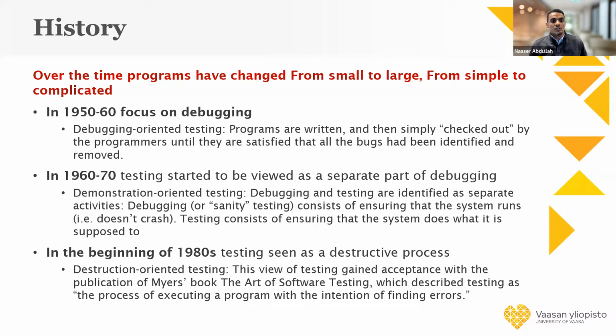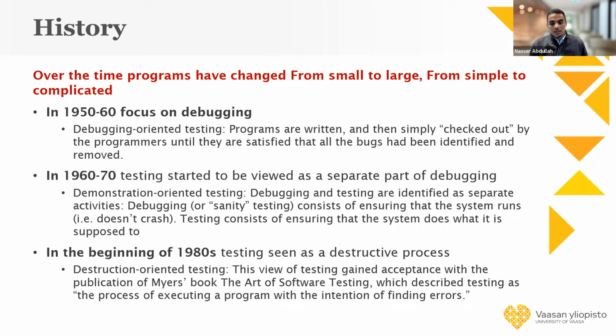So first of all, why has the history of software testing changed? Why have the methods used in software testing changed over the times? Because the system itself, the software itself, changes.